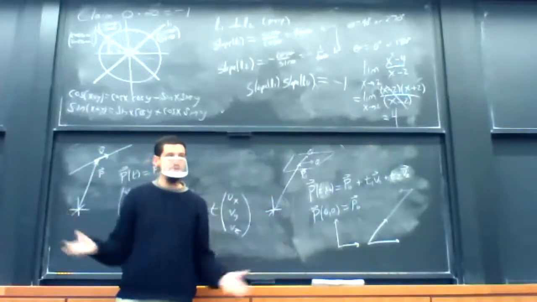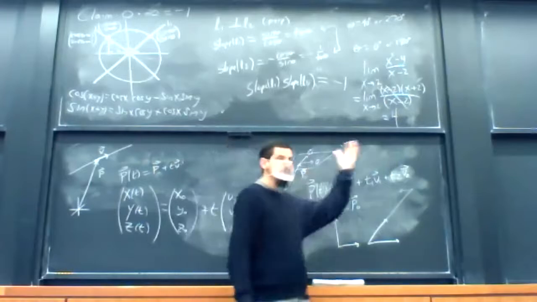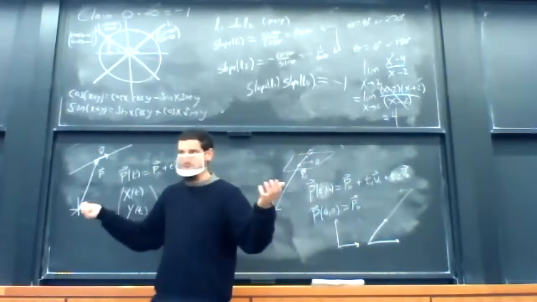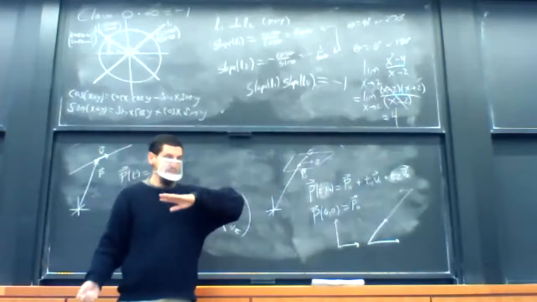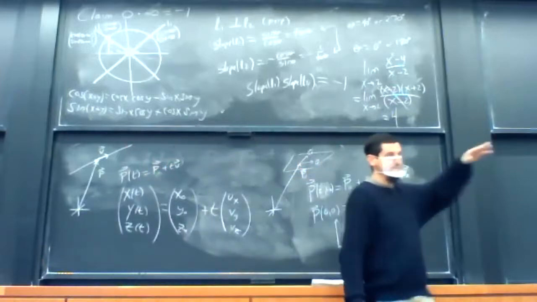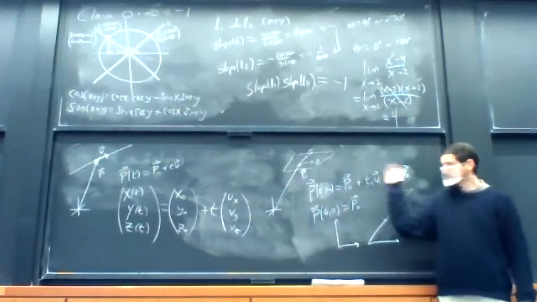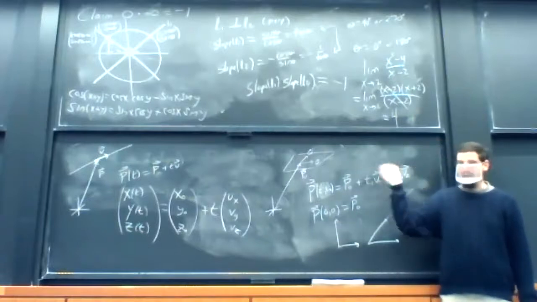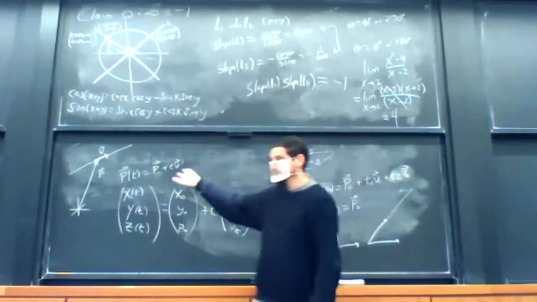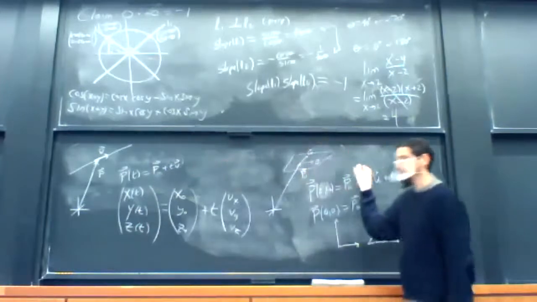So if I'm in a 4-dimensional world, I could have a 3-dimensional hyperplane living in the 4-dimensional world. If I have an 8-dimensional world, a plane is going to be 2 dimensions. I could have hyperplanes of dimensions 3, 4, 5, 6, 7. And the theory is basically the same. I'm just adding more variables, I'm adding more indices. Once we understand the line, we see how the line generalizes. We just add more stuff.